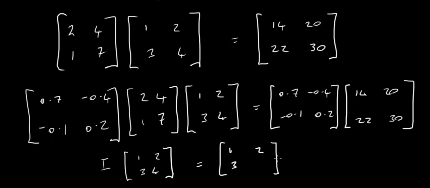And last one then, we're just going to do this one down here. So it's minus 0.1 times 20, so that's just minus 2. So I start with minus 2. And then plus 0.2 times 30. That will give me 4. So you can see we ended up with the same matrix again on both sides here.